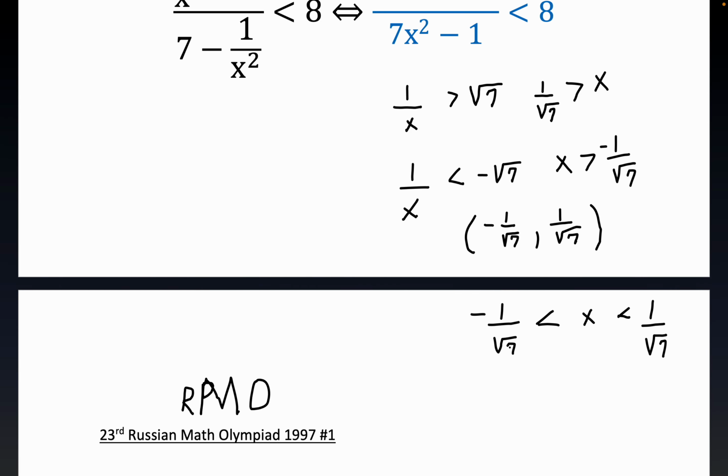But if you rationalize this thing, you would get root 7 divided by 7, right? That would be the very same thing. If you multiply top and bottom by root 7, you would get minus root 7 over 7 less than x less than root 7 over 7.